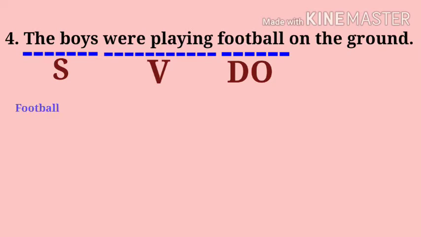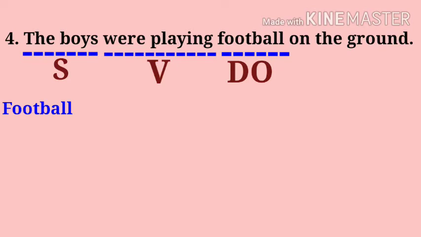So you have to start your answer with football, that direct object. See, football, and see the given sentence, what tense is used here? Were playing. Were is the form of to be in past tense, and the ing form is there. The ing form tells us the sentence is in continuous tense, and were is the form of to be in past tense. Understand? So the given sentence is in past continuous tense.